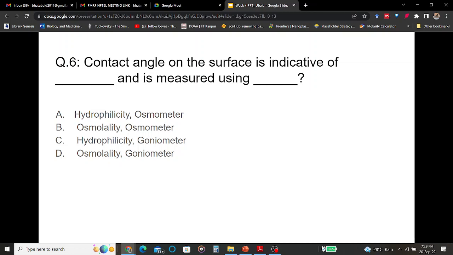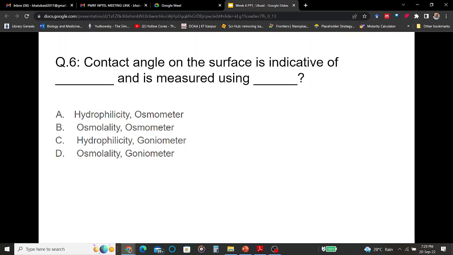So contact angle, you may have heard about this contact angle measurement. The answers for this question are: first, contact angle on the surface is indicative of hydrophilicity, and it is measured by an osmometer.